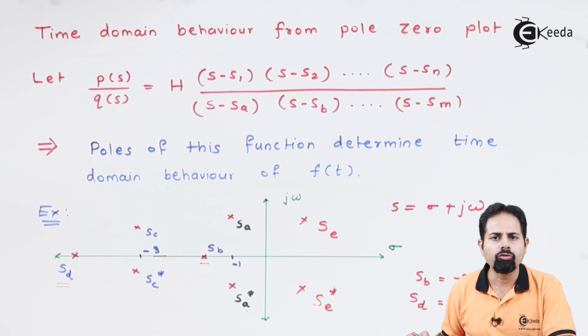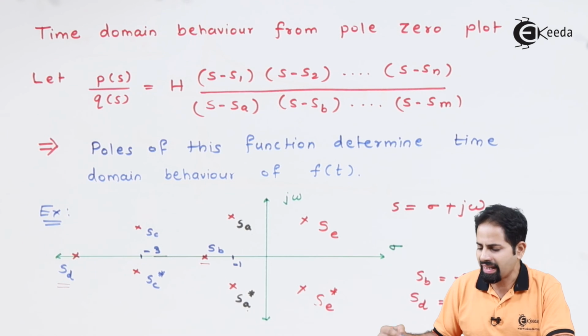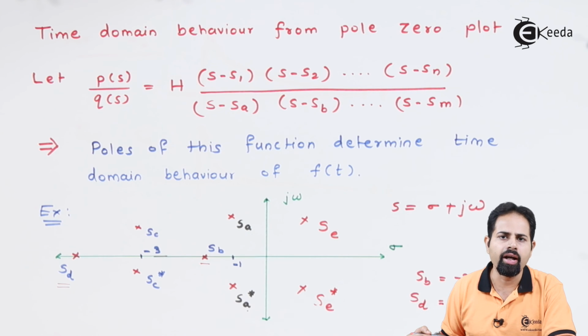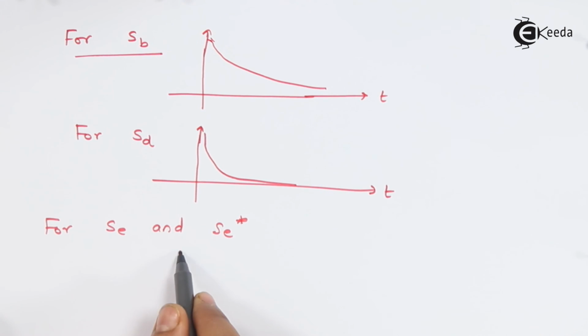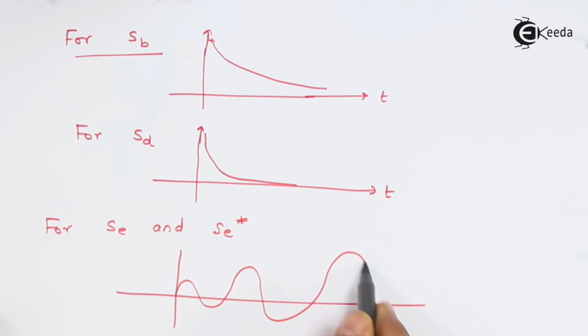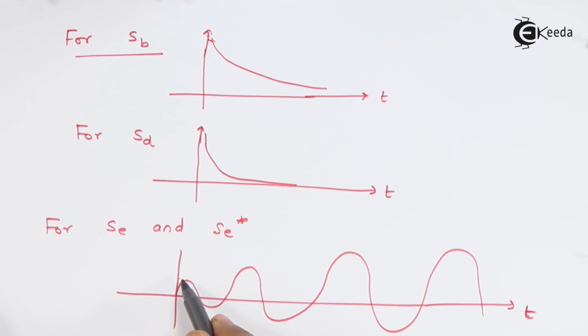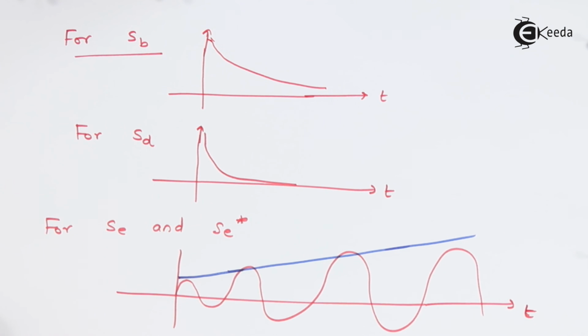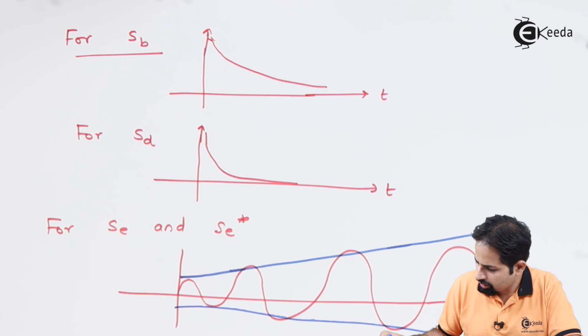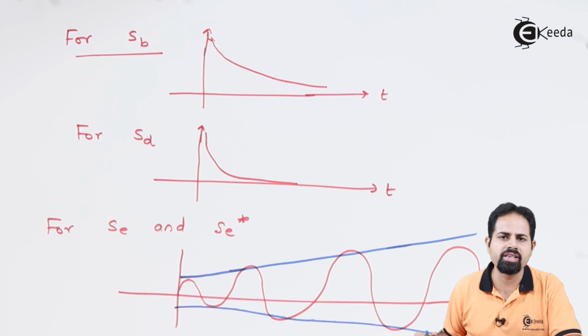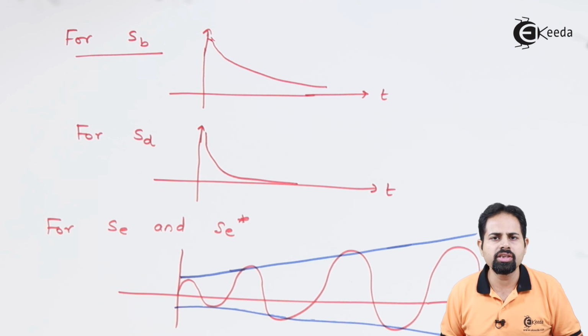Then this pair would result in a time domain behavior like an increasing graph, an increasing exponential term, and so on, where this blue line represents the increasing exponential term. So this is how the time behavior occurs. Here also it is going to increase in this way, an exponentially increasing graph. So these are all the locations where the time behavior can be studied from the pole zero diagram.